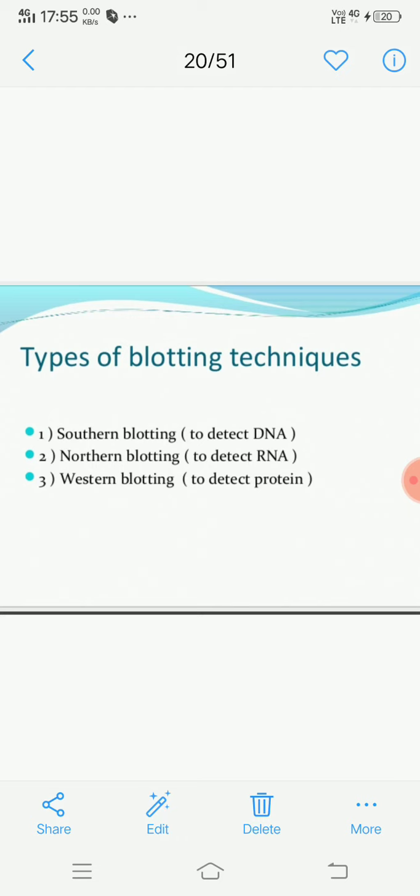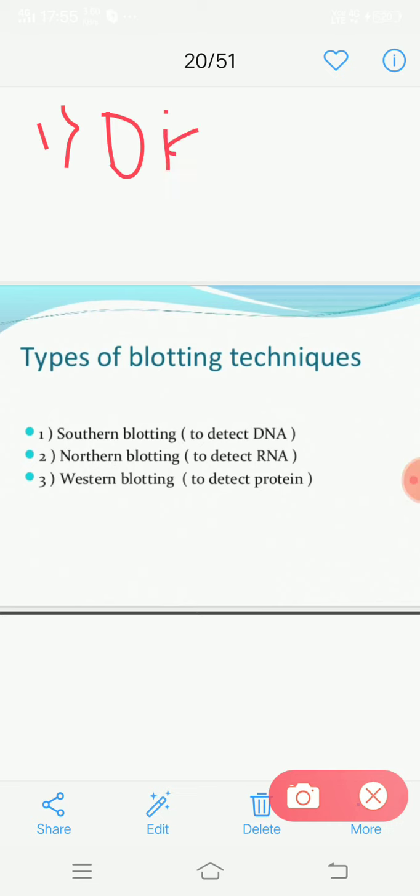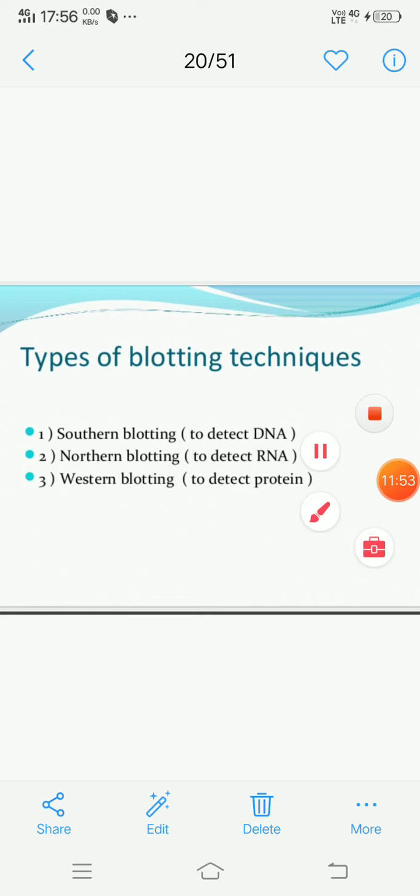Now we'll see what this blotting technique actually is and what steps are involved. The first step in the blotting technique is digestion of your DNA or RNA molecule, whatever your sample is. Digestion, or we can call it restriction. I'll explain with an example.